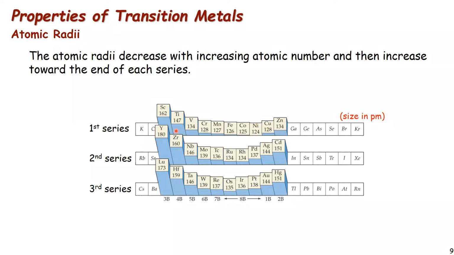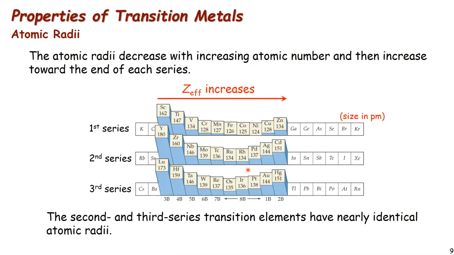So this is the trend we see in size. They get smaller and smaller until the very end, when they start to increase just because of basically overcrowding, okay? So again, we know that the effective nuclear charge increases. The effective nuclear charge is basically the charge that the valence electrons see or feel from the nucleus.